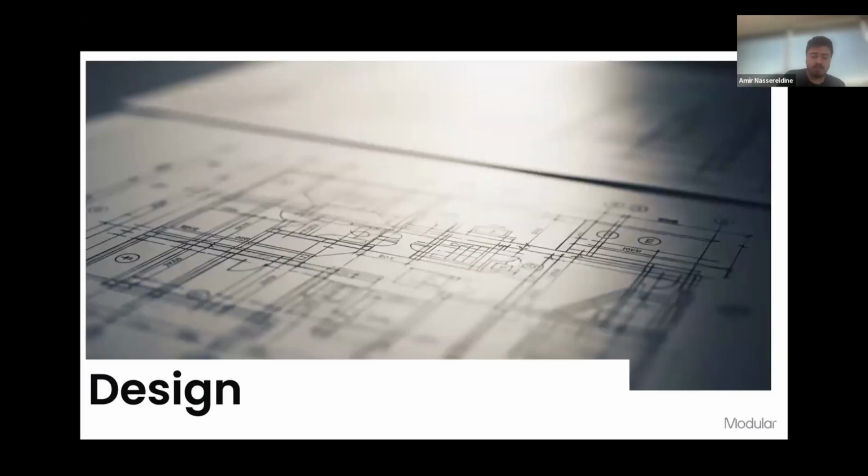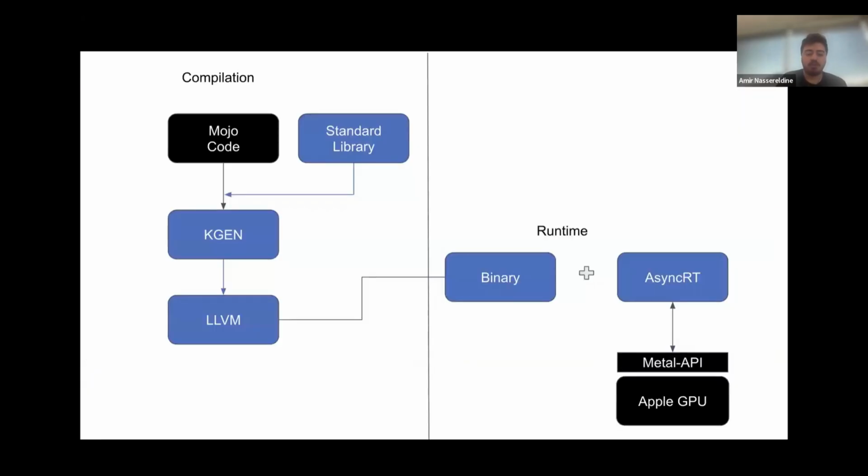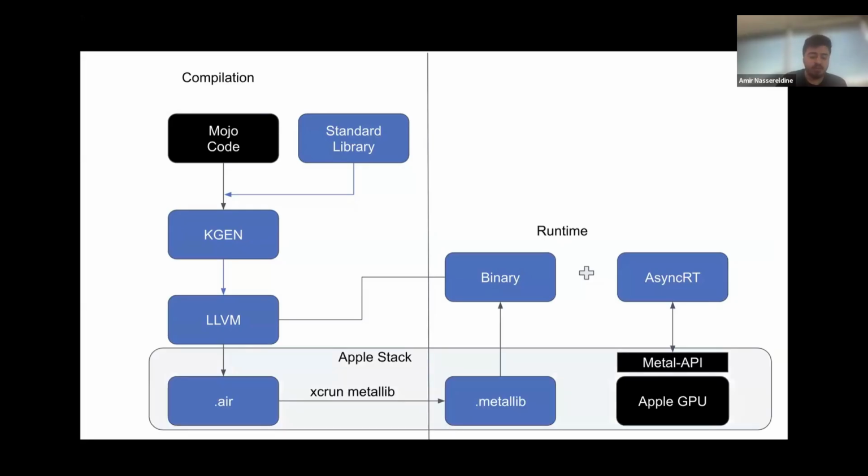So a little bit about the design. Going back to the components that I talked about, we have these similar components. I'll do some modifications on all of those. But one thing is, because of the lack of an LLVM backend for Apple, what we do is we take the LLVM code and generate a bytecode that is similar to what Apple would expect.